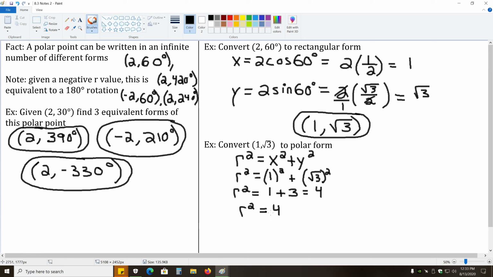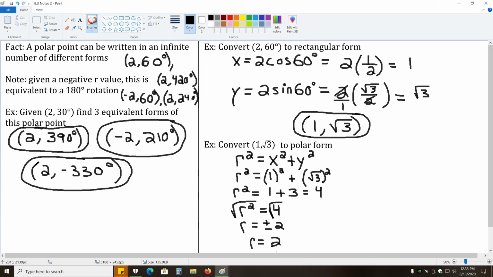So since r squared equals 4, we'll take the square root of each side to get r equals plus or minus the square root of 4, which is 2. Now, technically we could use either one here, but we're just going to go ahead and stick with the positive one. This way we don't have to worry about adding in that 180 degree flip.